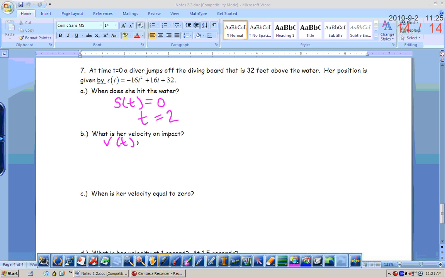So v of t equals S prime of t, which would be negative 32t plus 16. So that's basically a general formula for her velocity, but we want the velocity when t is what? 2.